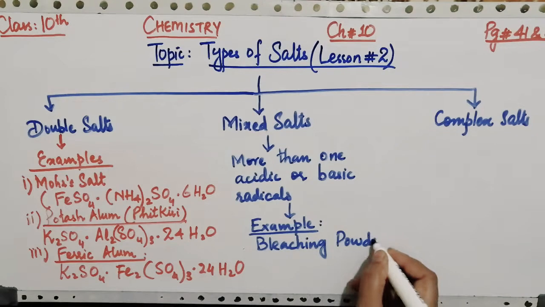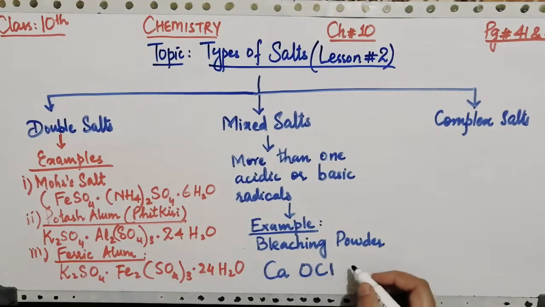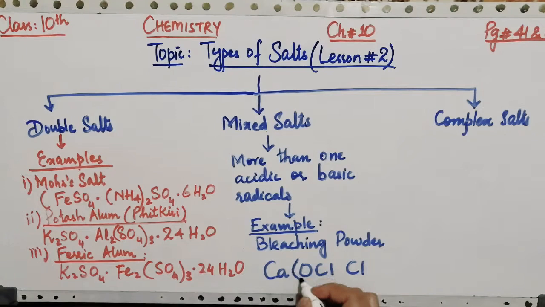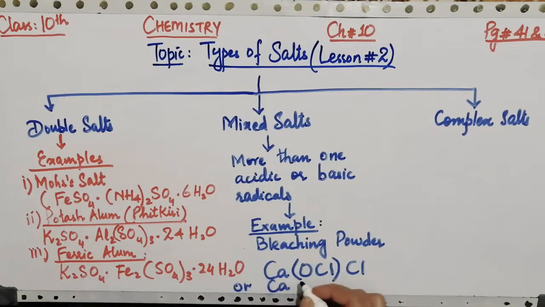Now, formula of bleaching powder is CaOCl and again Cl, or you can also write the formula in this way: CaOCl taken twice.